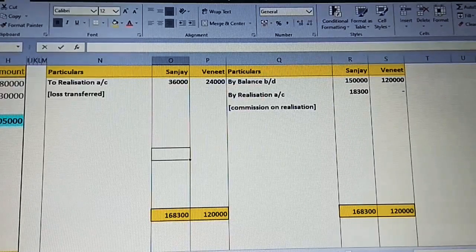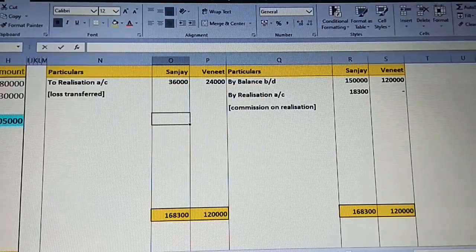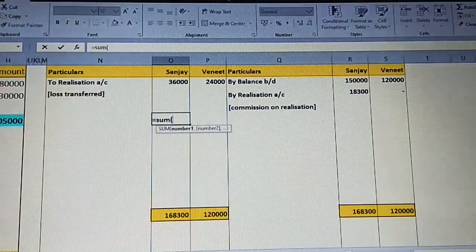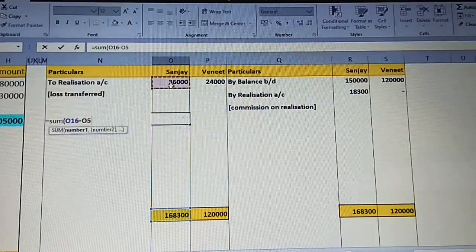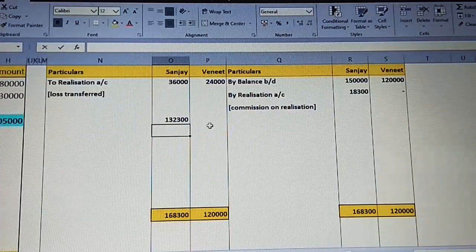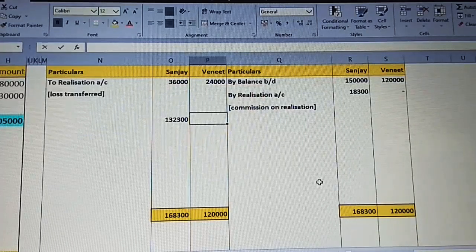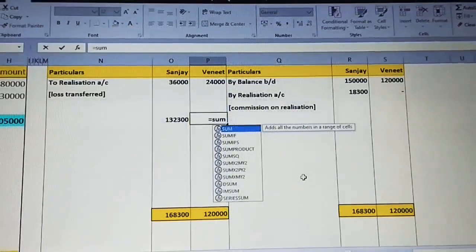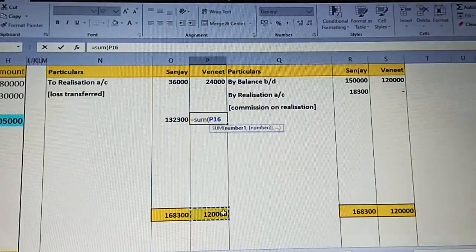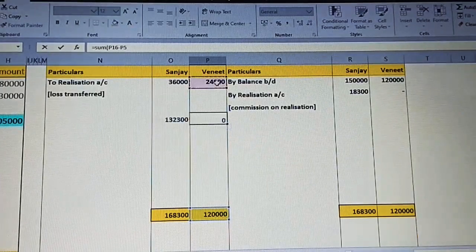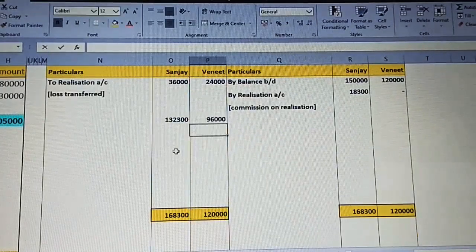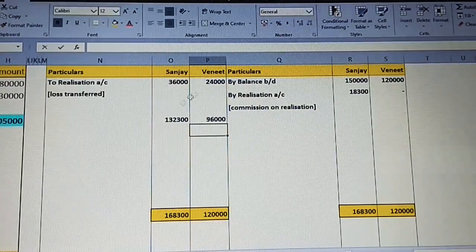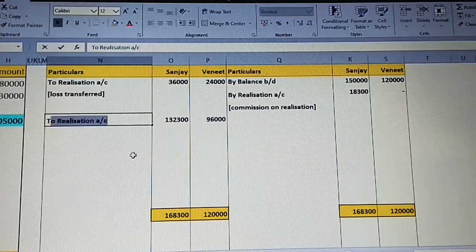Now let us find out the amount to be paid. 1,68,300 minus the debit value. So 1,32,300, and here $1,20,000 minus 24, so 96,000.